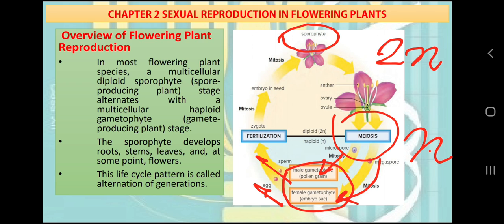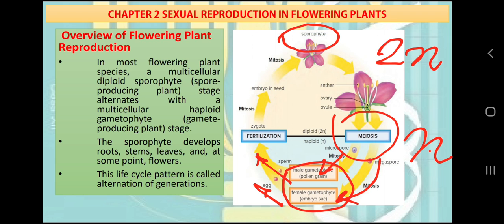This is the basic difference which class 10th science students are also going to learn, that we humans produce sperms and eggs, meaning gametes, by meiosis, because we are diploid and gametes are always haploid. So these are the basic differences when we study plant reproduction and compare it with animal or human reproduction.